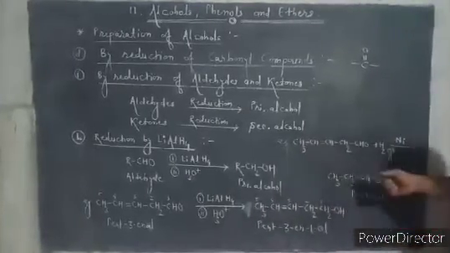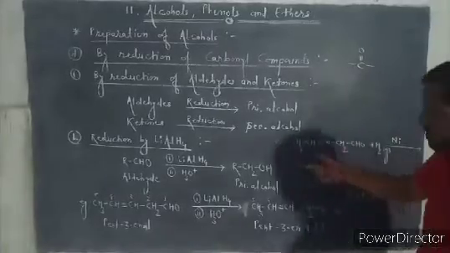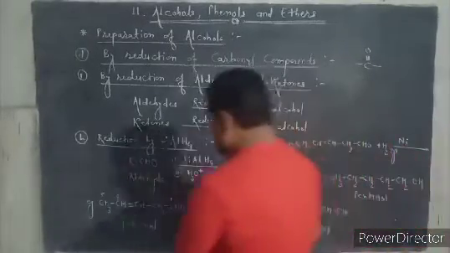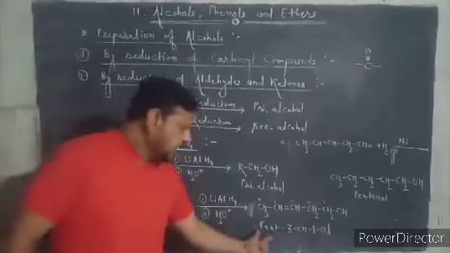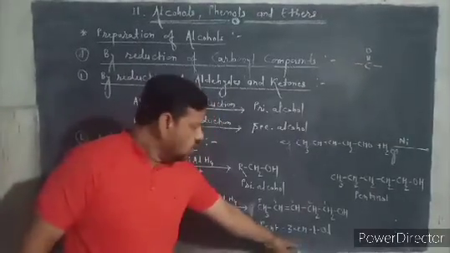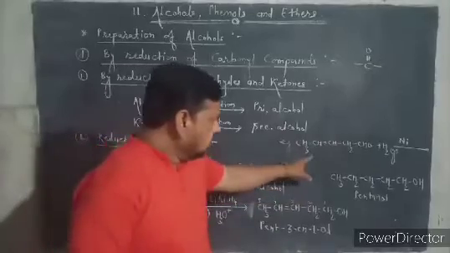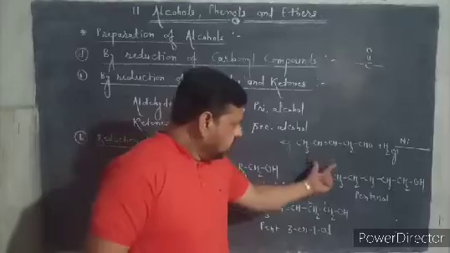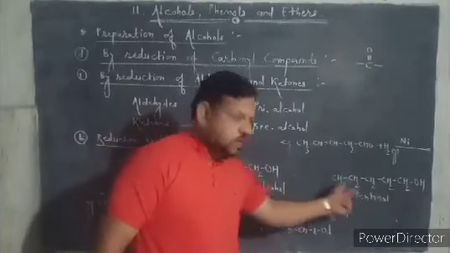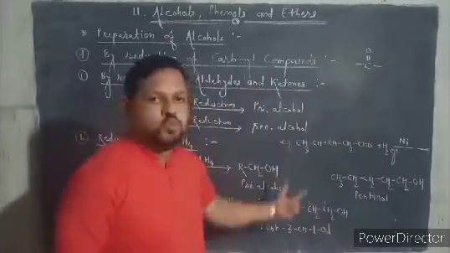This is the difference between these two methods. Lithium aluminium hydride gives pent-3-en-1-ol, and catalytic hydrogenation gives the product pentanol. This is the basic difference between these two methods.